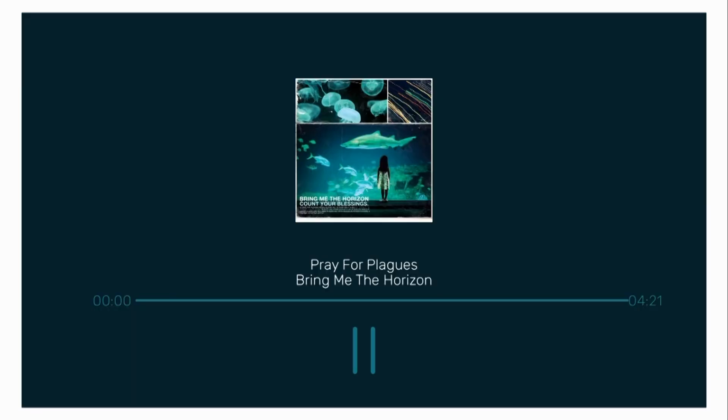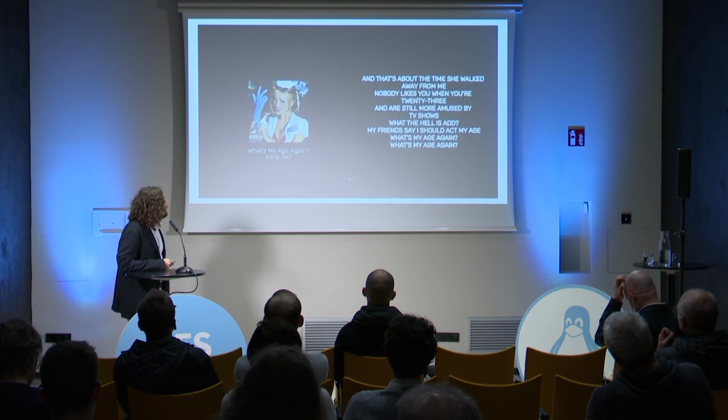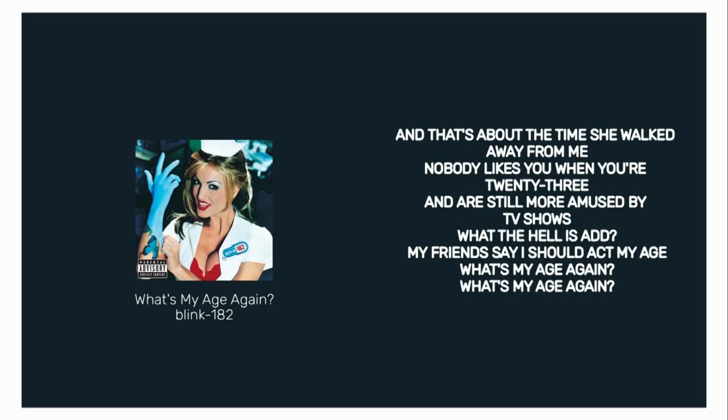You can also have a fake progress bar. You can pause the song by touching the pause button, so it's kind of like Spotify. And one of my favorites gets the lyrics of the song, the chorus, so you can sing along at your desk while you're working, when the chorus arrives.